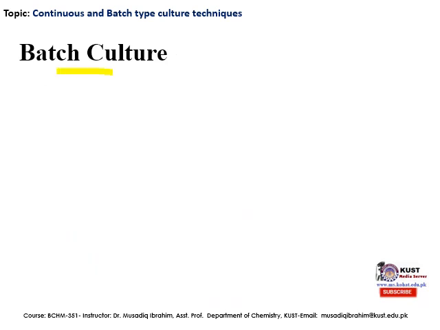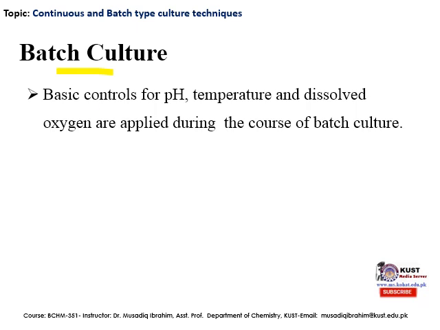So in batch culture, the basic controls for pH, temperature, and dissolved oxygen are applied during the course of the batch culture within the fermentation tank during the process of fermentation.